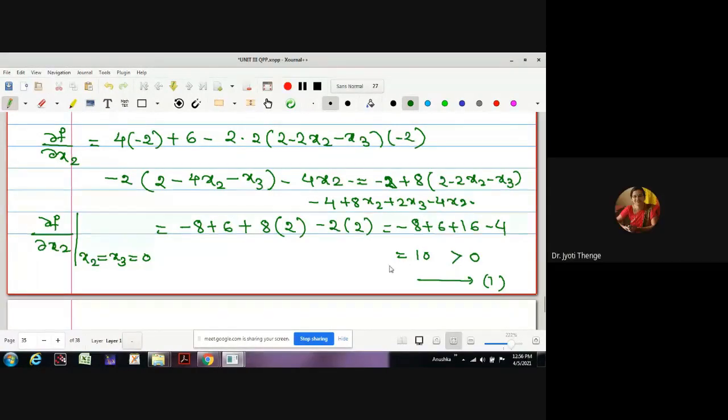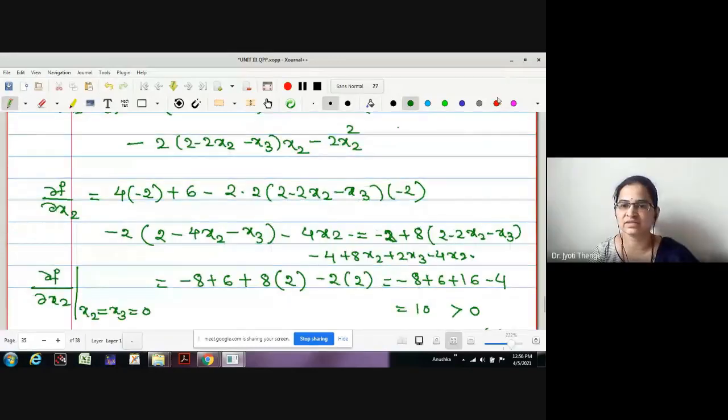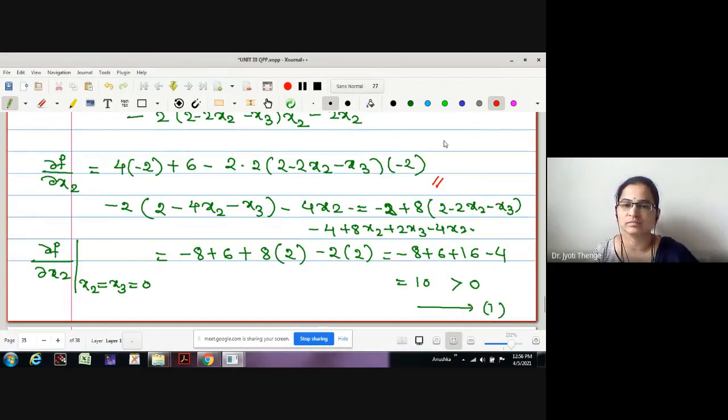Okay, how much is the value then? Let me write somewhere here. Check constant term. Minus 2 plus 16 minus 4. Minus 2 minus 4 minus 6 plus 16. Minus 6 plus 16 is 10.